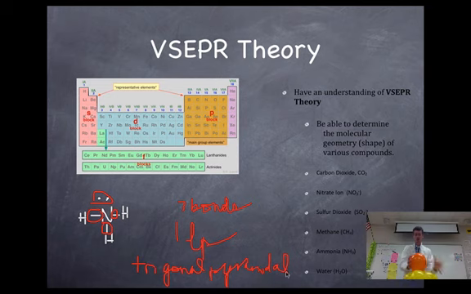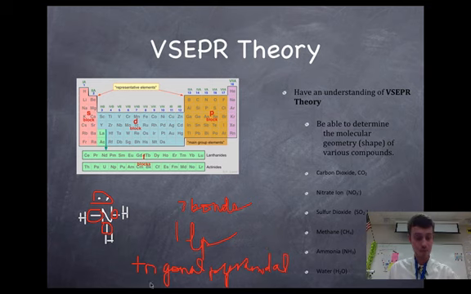My orange balloon is going to be my lone pair, and my yellow balloons are going to be my actual atoms. This is going to be pushing away, because remember, all the electron regions are going to repel each other. These yellow balloons kind of form a pyramid with a triangle base. So we say that the shape of this is trigonal pyramidal, or a trigonal pyramid, which is the way you're typically going to see it.